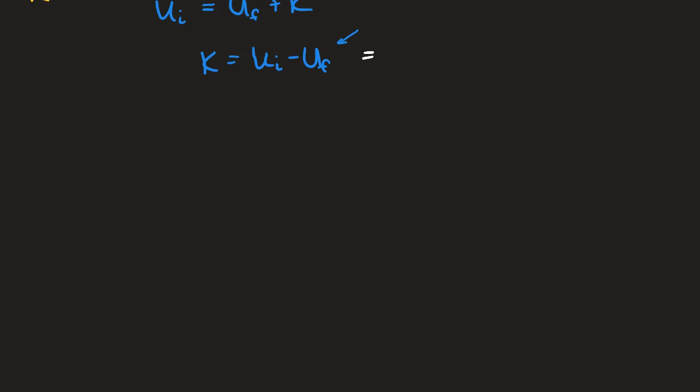U initial has to be minus m1 m2 g over 2r. Minus negative m1 m2 g over r. Good so far? Negative times a negative is going to give me the positive. And we're going to get common denominators. So I'm going to multiply top and bottom of this one by 2 and make that positive.